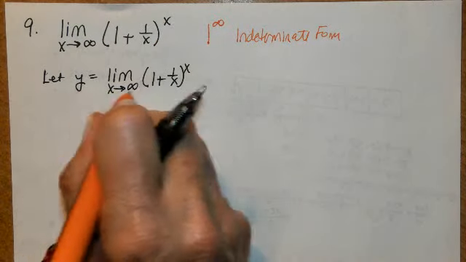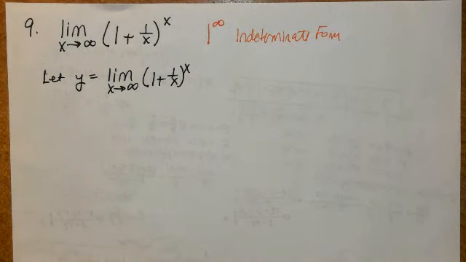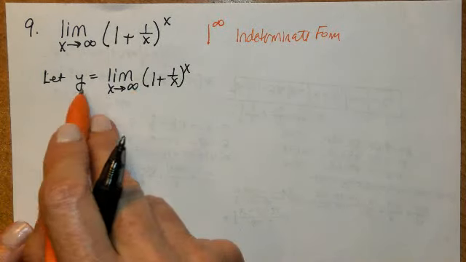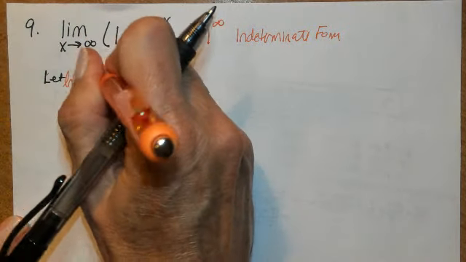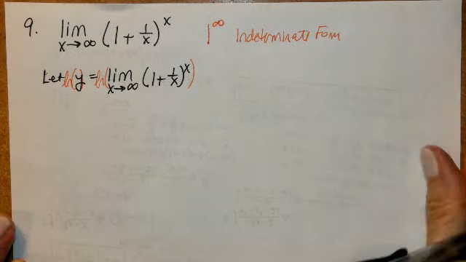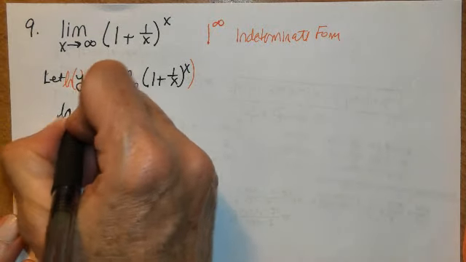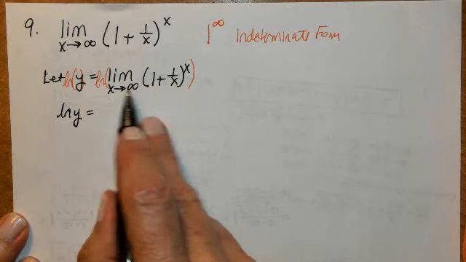But I can set some letter. It doesn't have to be y. It can be any letter I want, except for x. I can set a letter equal to that, and then I can take the log of both sides. Okay? So I have the natural log of y is equal to the natural log of this limit.